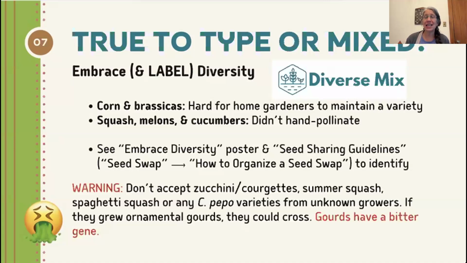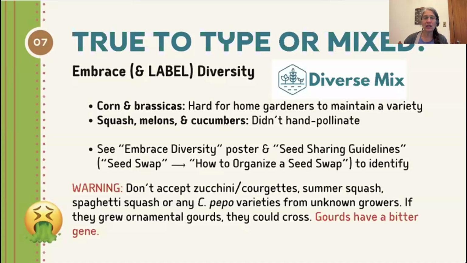The main thing that I say is label, label, label. If you have something or are offering something that is not likely to come out like the Waltham butternut squash, label it. Just say, this is what the parent was, this is what the mama was, but we don't really know what it's going to be like, because we're clearly telling you that it is a mix. And then people can make up their own mind if that works for them or not.